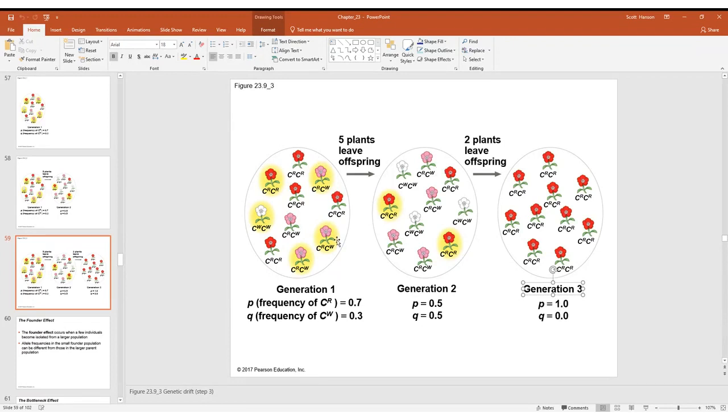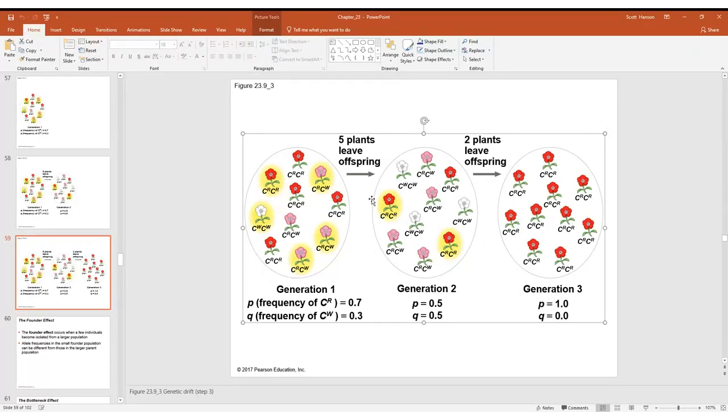So you can see that if you've got a small population size, and it's cut down even smaller, if you take at random a small sample from that population, then at random you're going to get some pretty large shifts in the proportion of the individuals that have certain alleles in the population. So from generation 1 to generation 2, there was a pretty substantial shift, and from generation 2 to generation 3, again, there was a pretty substantial shift.